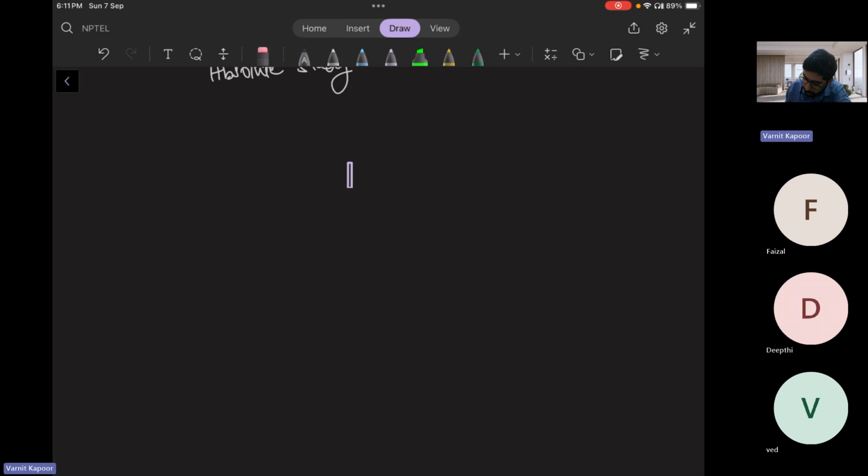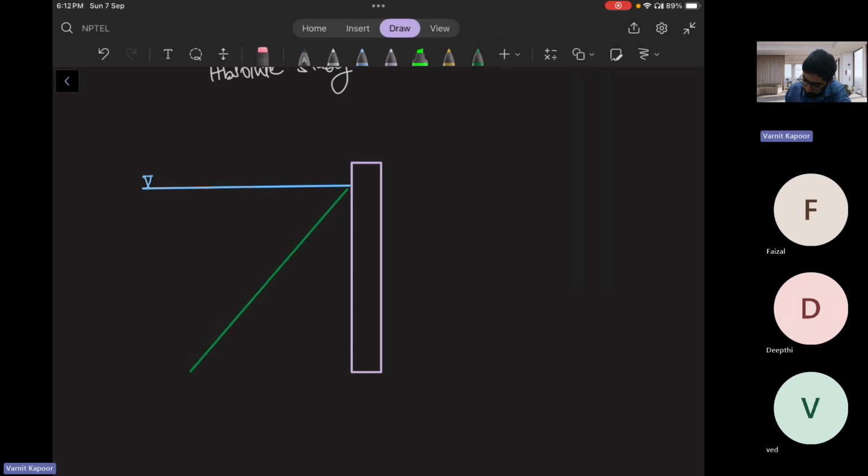So again, the reservoir is this. The reservoir is still here, so only gauge pressure will be here this time. With gauge pressure, there is no atmospheric pressure, so I have to remove the atmospheric pressure from here.